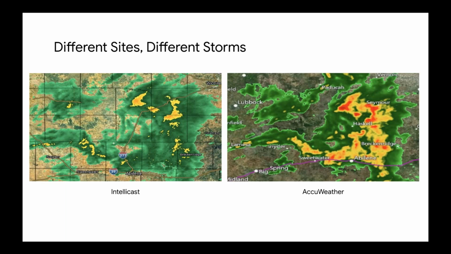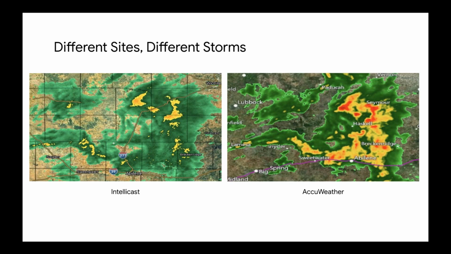One background to that is that in the United States, at least, most weather companies get our data from the same place. The National Weather Service provides radar data. At every major airport and at various locations across the country, there are radar stations, and that data is open. And most weather companies make use of it.